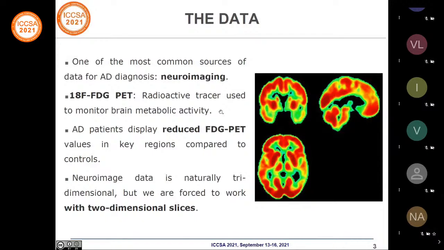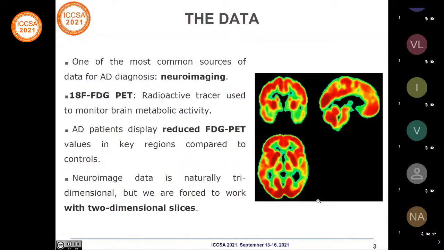We measure how different regions of the brain consume this isotope of glucose, and thus we can obtain a relative measure of metabolic brain activity. So we should expect that Alzheimer's disease (AD) patients will display reduced FDG-PET values. For example, in these cases, it would be the green and blue areas, whereas orange and red areas would have a higher activity.